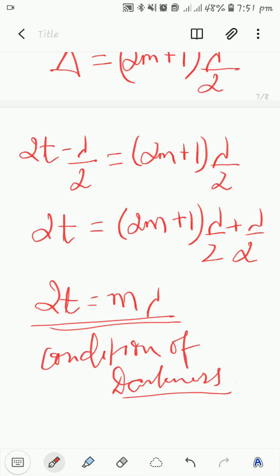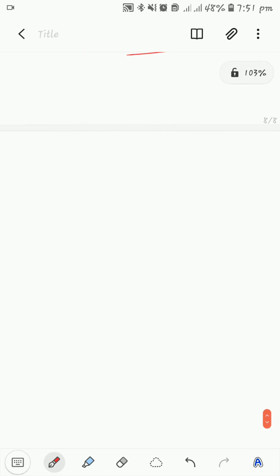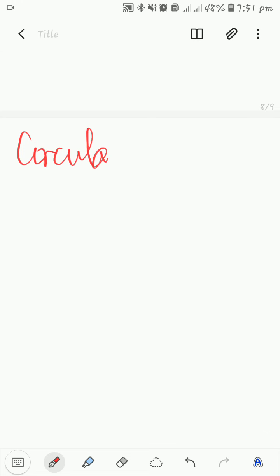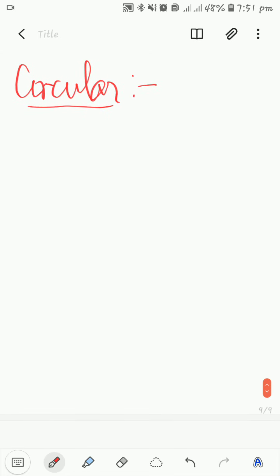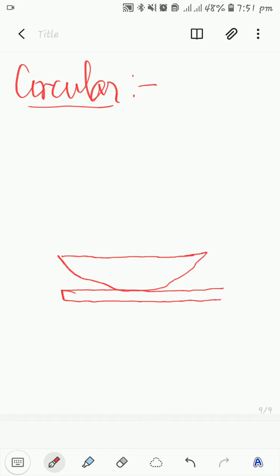Our next topic of interest is why we get circular fringes in Newton's rings. Let us have a look at the figure again. There is a convex lens and a plain glass plate.